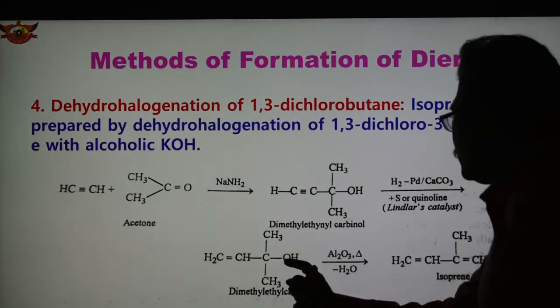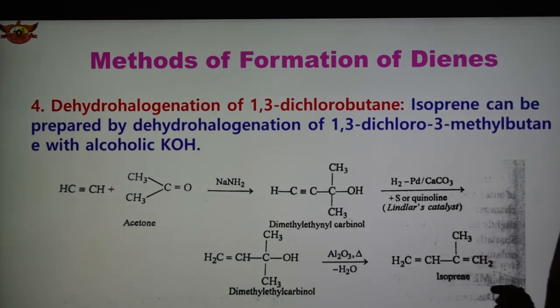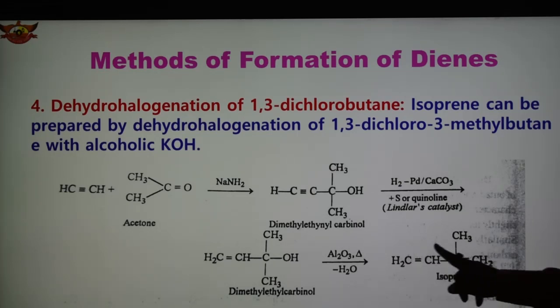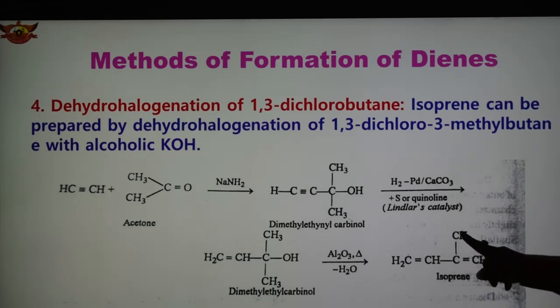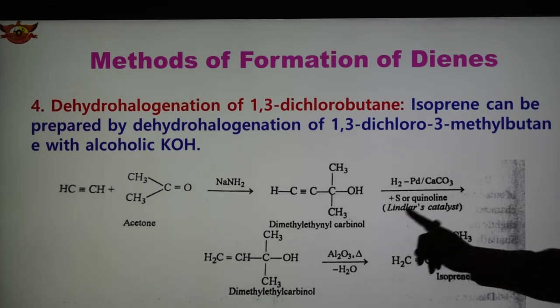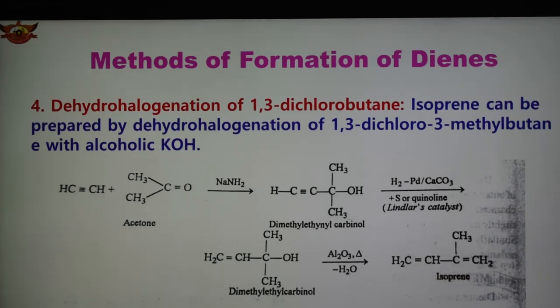With water removed, we obtain isoprene. This is the compound we obtain from acetylene and acetone, and isoprene has the name 2-methyl-1,3-butadiene. So in this way 2-methyl-1,3-butadiene, also known as isoprene, is obtained by this method.